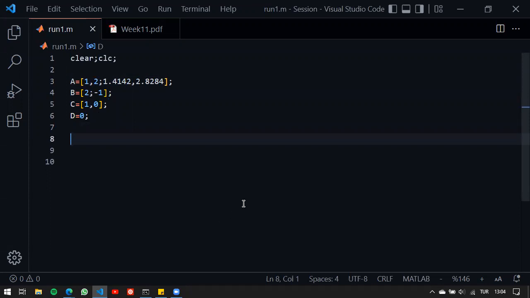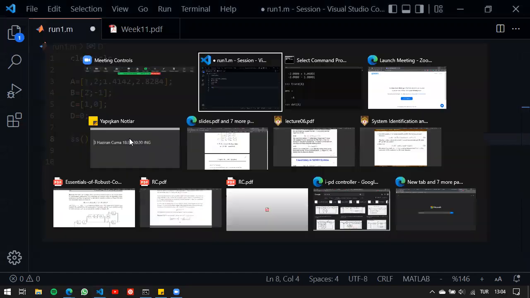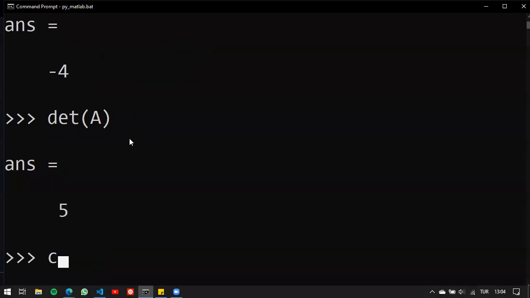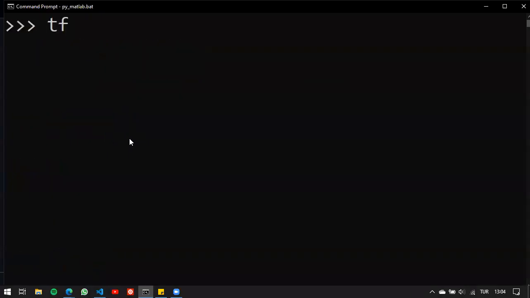So you might ask yourself, why would I use the symbolic toolbox if I can define them using Matlab? So let's try that. Let's use the Matlab ss function here. This ss function is basically the equivalent of tf. If you're defining a transfer function, you give the numerator vector and the denominator vector.